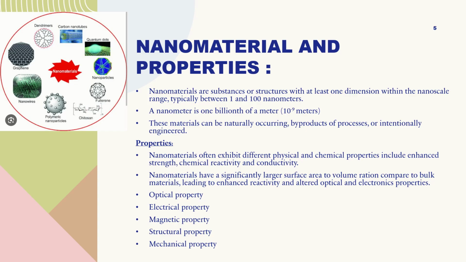So this is the structural properties of a material. Next is the mechanical property. If you consider the mechanical properties like hardness, elasticity, adhesion, friction, they improve as the material size is decreased to nanoscale.